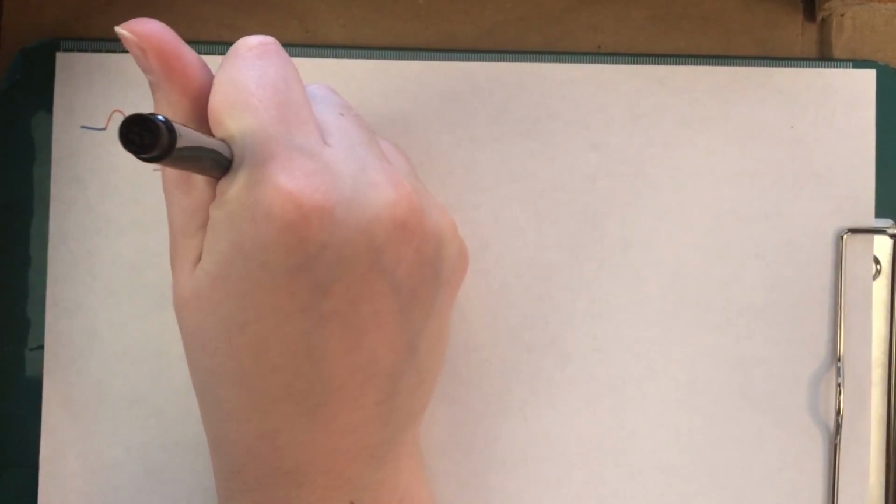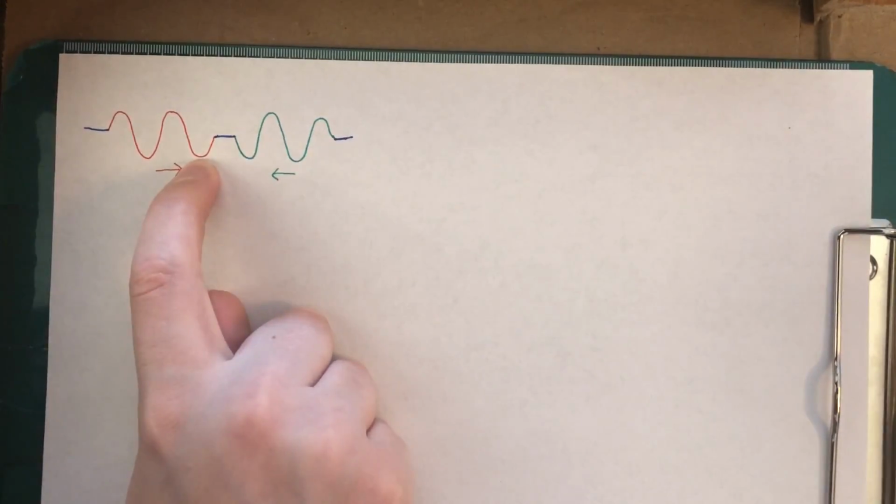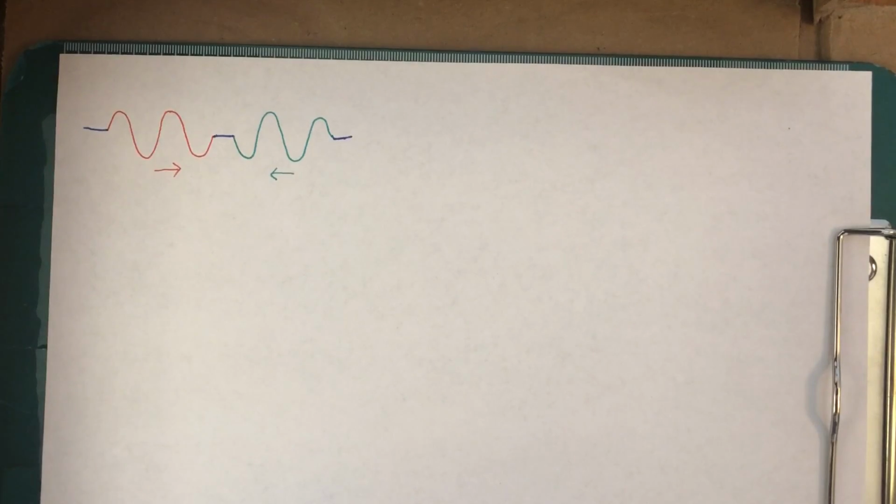So I'm going to draw the red wave and the green wave separately for each step, and then I'm going to show in blue what we would actually see as a result, what the combination of those things is. So as these waves start to overlap, this part of the red wave and this part of the green wave will end up in the same place as they move towards each other.